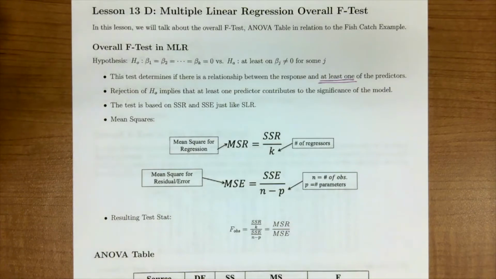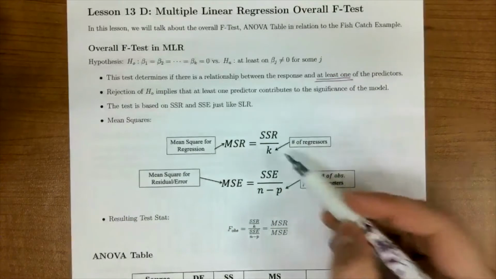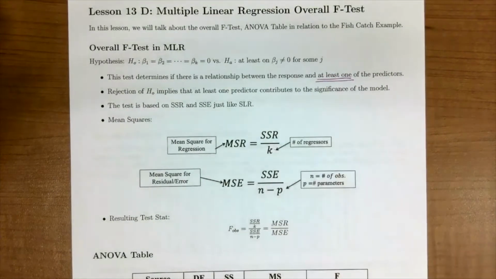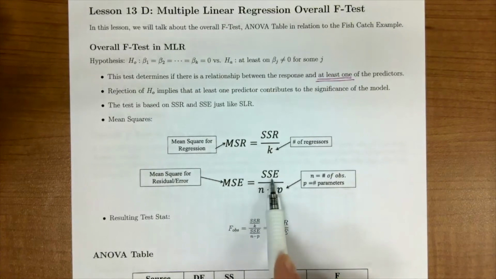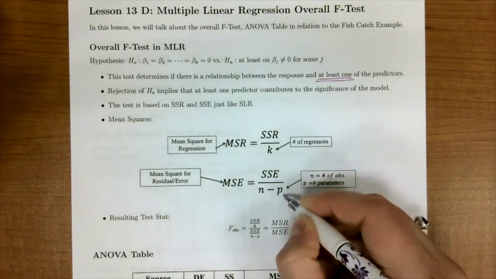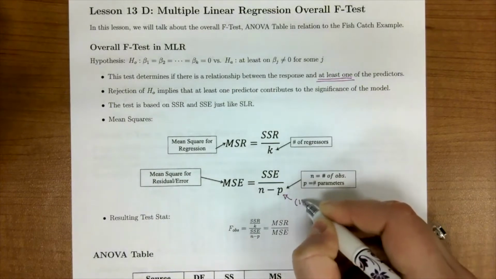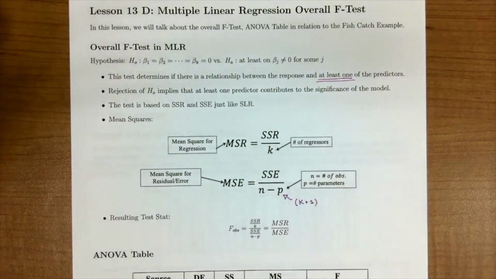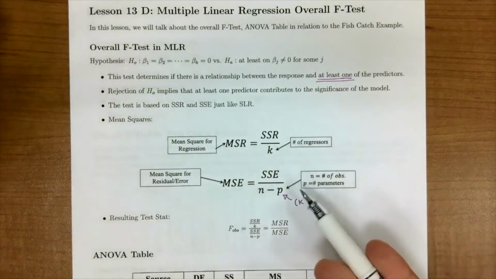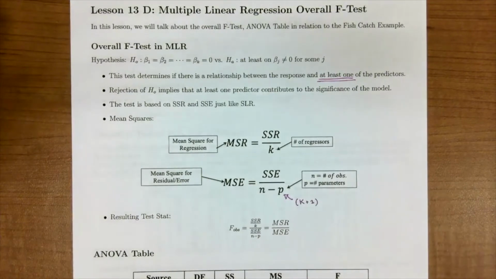The mean square for regression is the sums of squares of regression divided by the degrees of freedom, which is the number of regressors in this case. And our MSE is our sums of squares error divided by n minus p. Again, remember, p is k plus 1, but it's more common to see n minus p than n minus k plus 1.